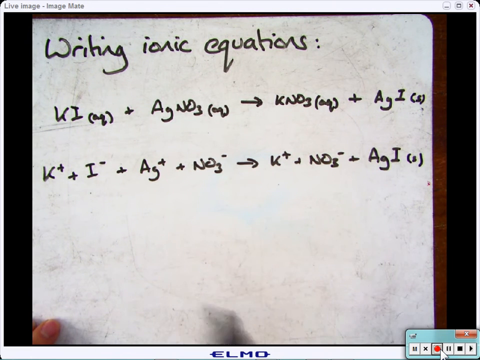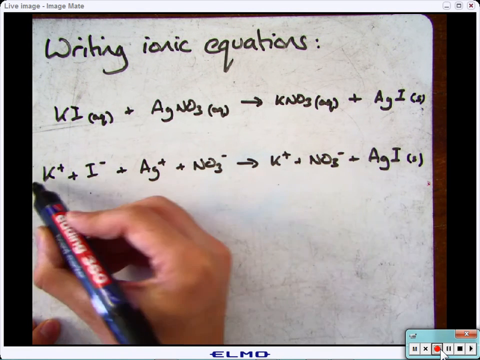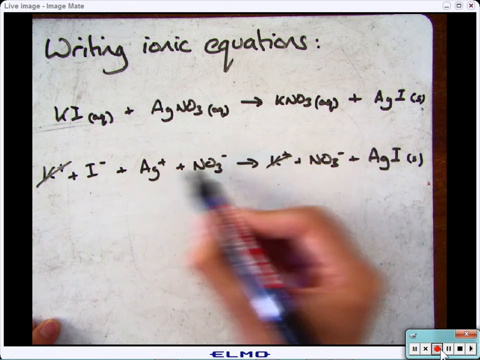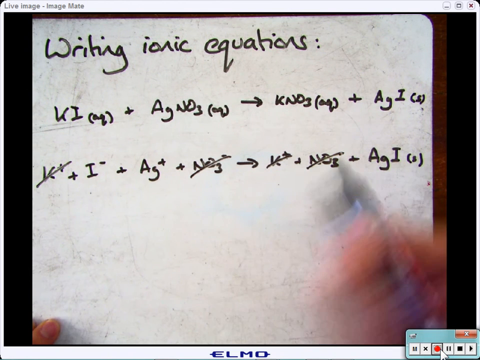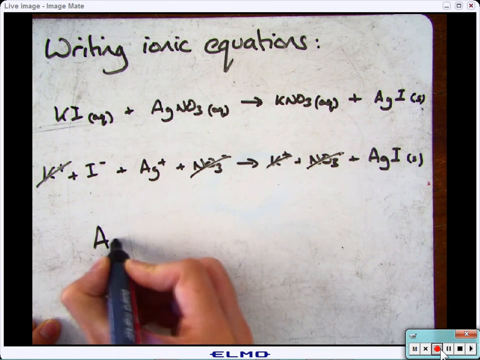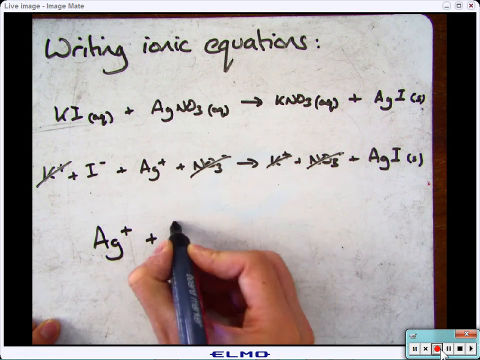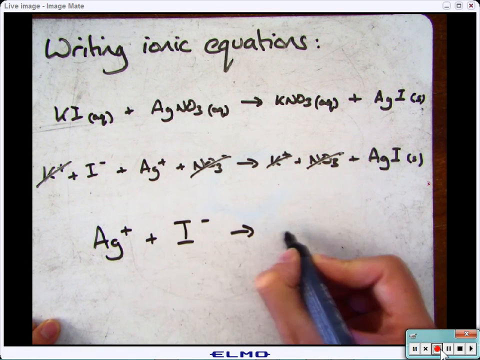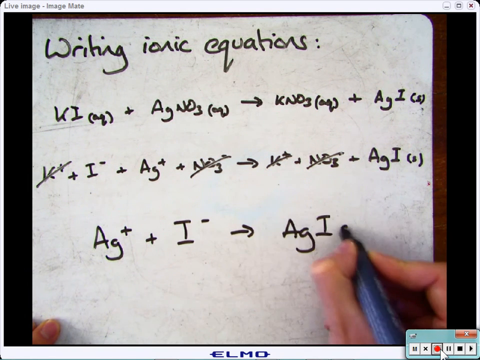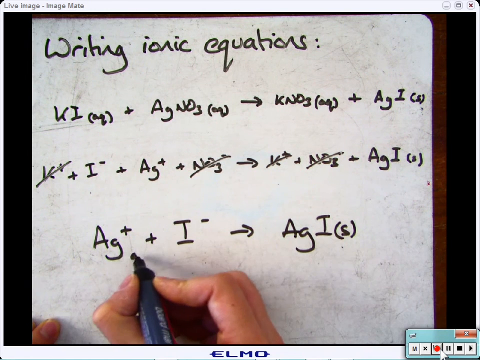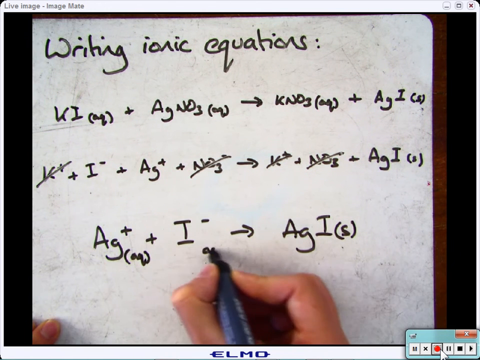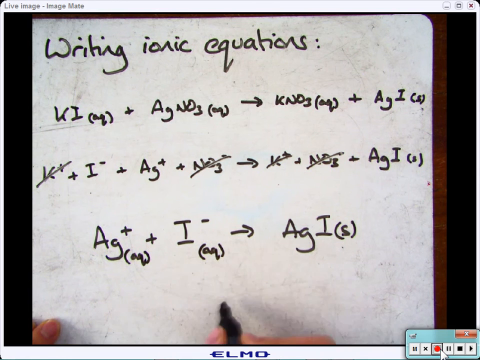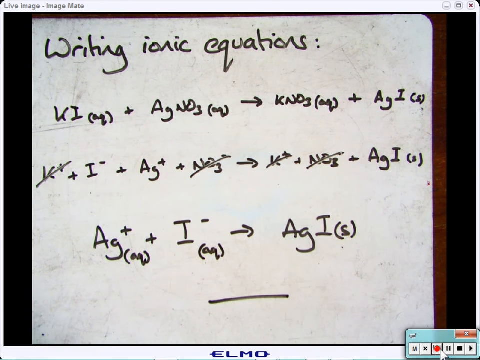So the next thing you do is you cross out the things that are the same on both sides. And that leaves you with, and that's your ionic equation for that reaction.